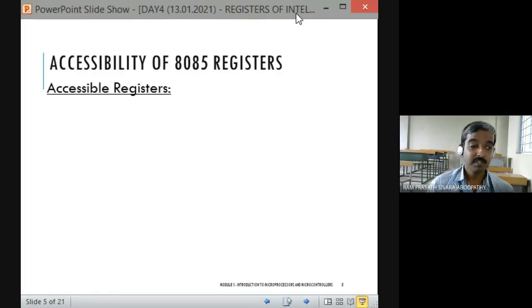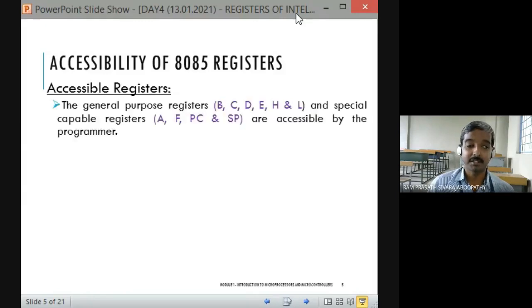So we are categorizing the registers into two kinds: accessible registers and non-accessible registers. Accessible registers means these registers are accessible by the programmer. By writing some code, we can store or read some information from these registers for our general operations. Clear? So the general purpose registers B, C, D, E, H, L and the special purpose registers A, F, PC and SP are accessible by the programmer.